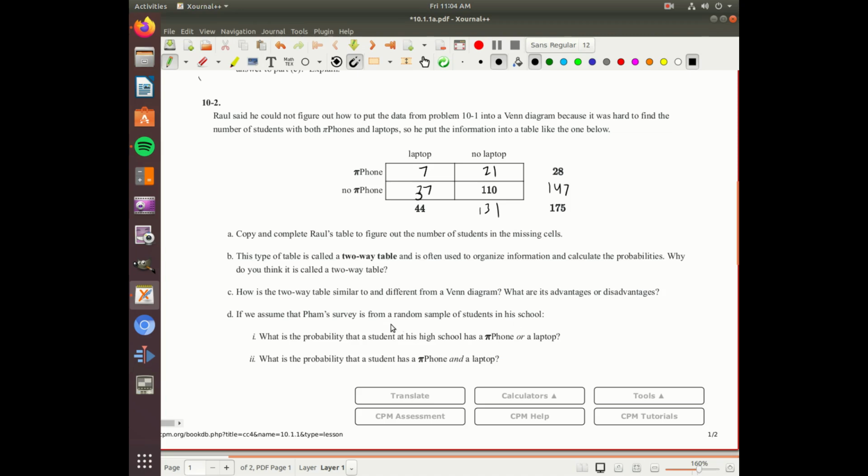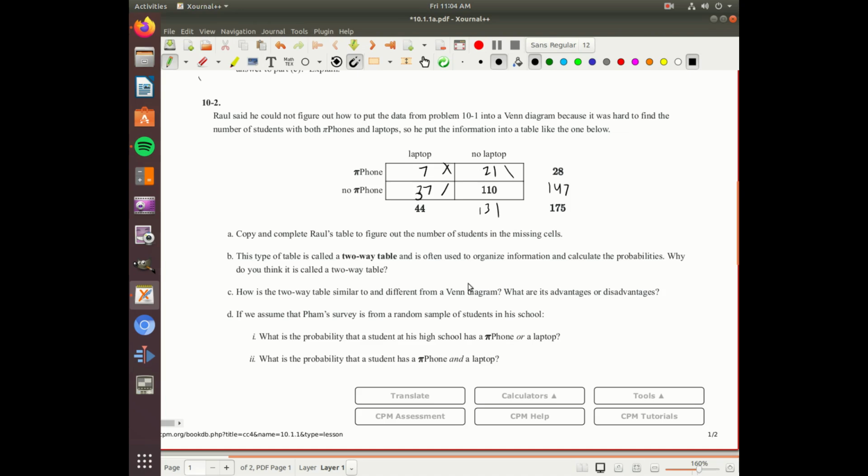If we assume that FAM's survey is from a random sample of students in a school, what's the probability that a student at his high school has an iPhone or a laptop? And again, this is what's so important here. We're saying, all right, these people have a laptop, and these people have an iPhone, right?